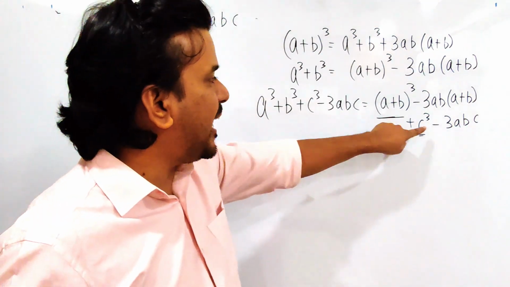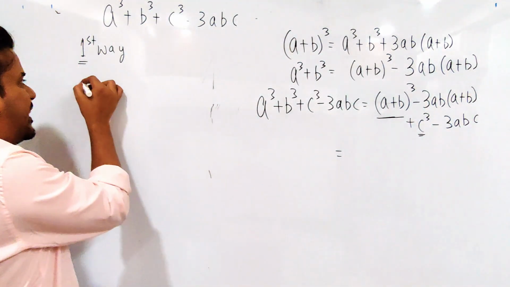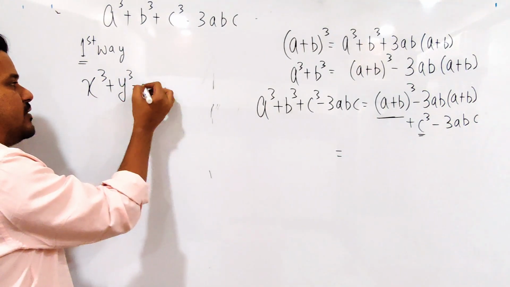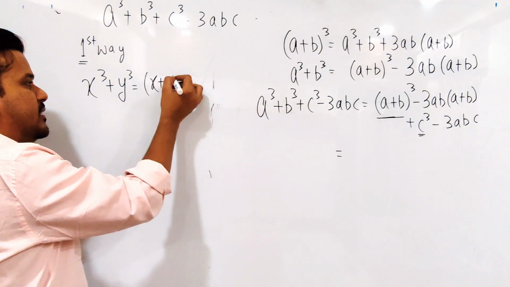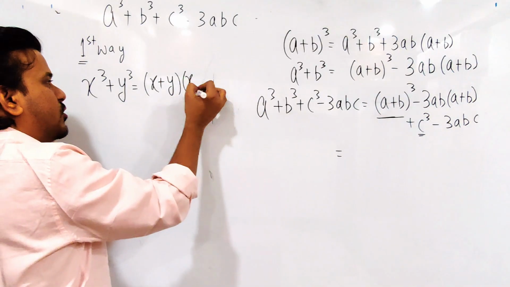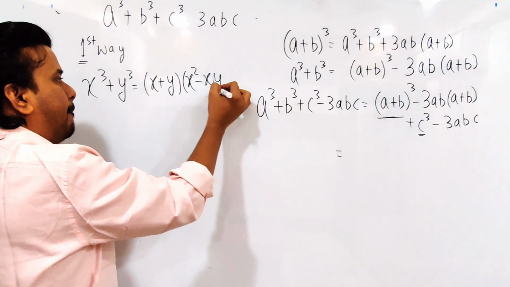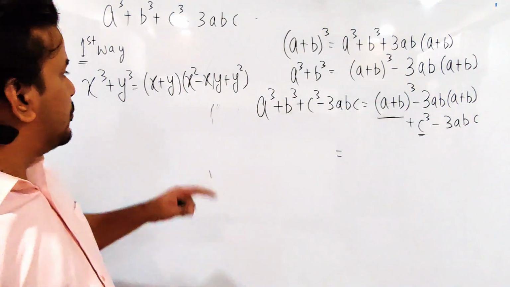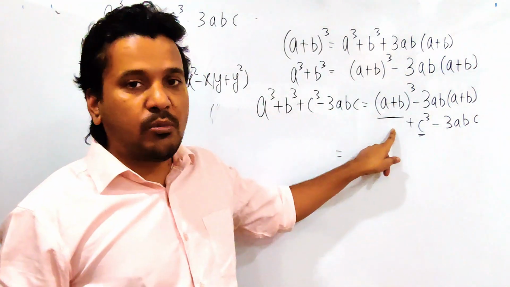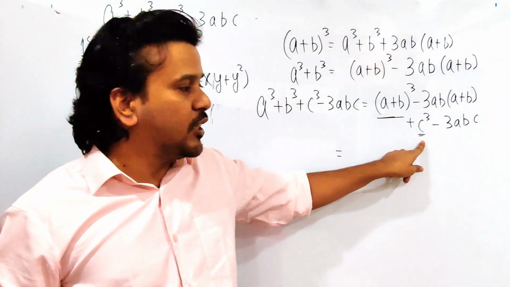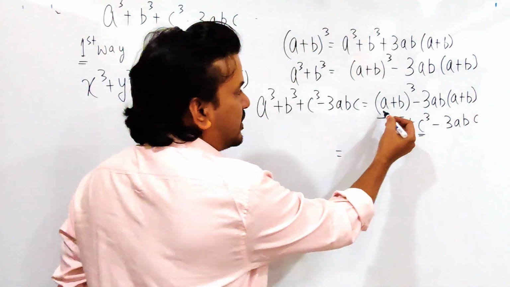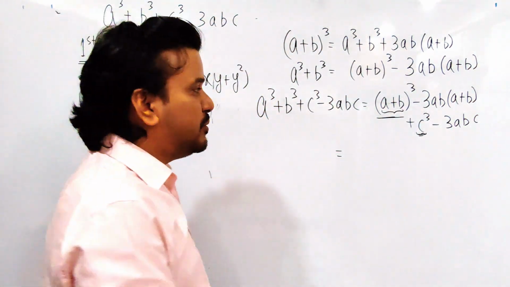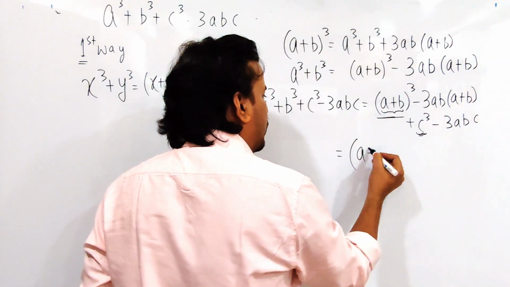This is nothing but x cube plus y cube. How do you write x cube plus y cube? We all know it has two factors, x plus y multiplied by x square minus xy plus y square. We are assuming this a plus b as x and this c as y.